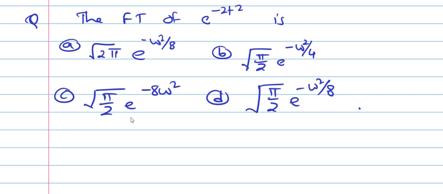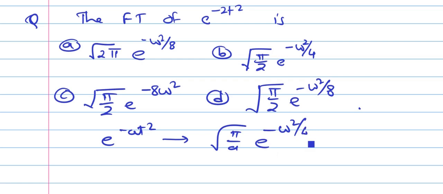So majority is with D. Yes, most of the students have got the correct answer, option D. So here A is 2. We know that e raised to power minus at square has Fourier transform square root of pi by A, e raised to power minus omega square upon 4A. So you have to remember this formula. This type of questions are there.